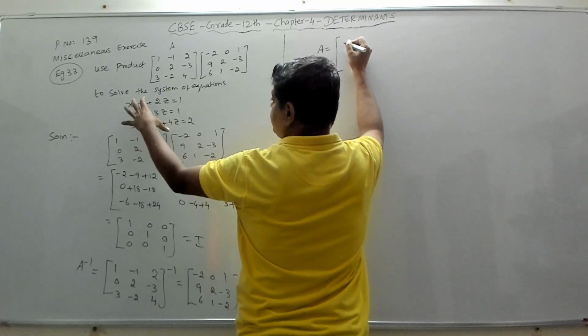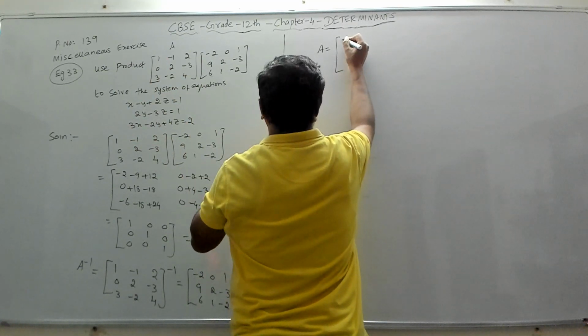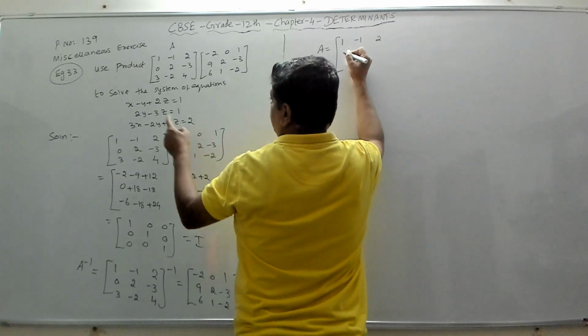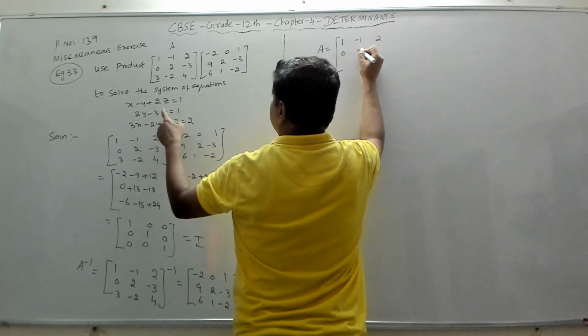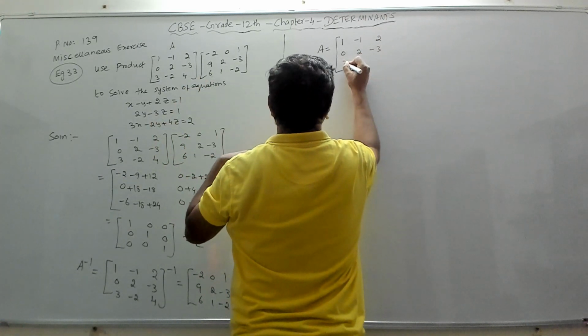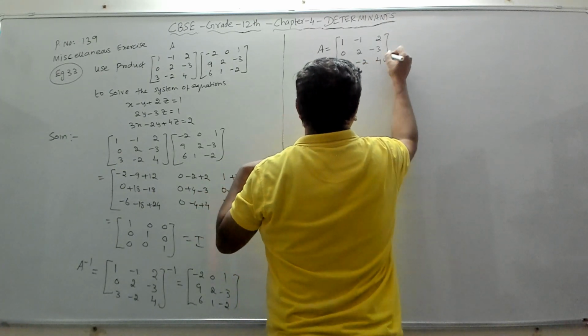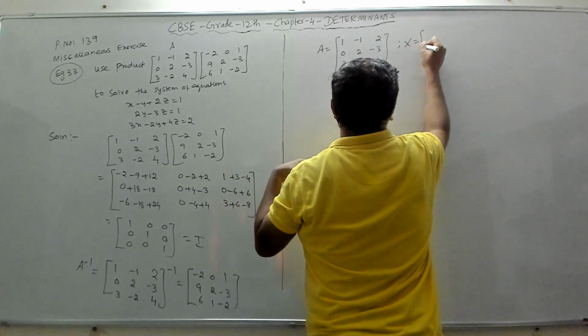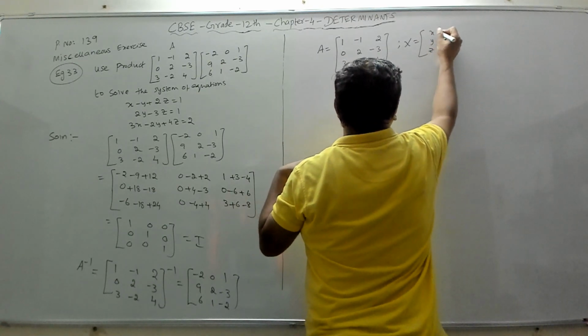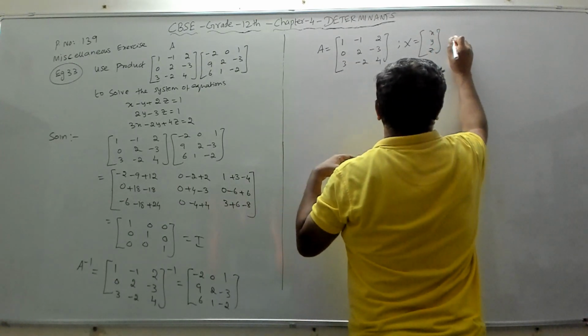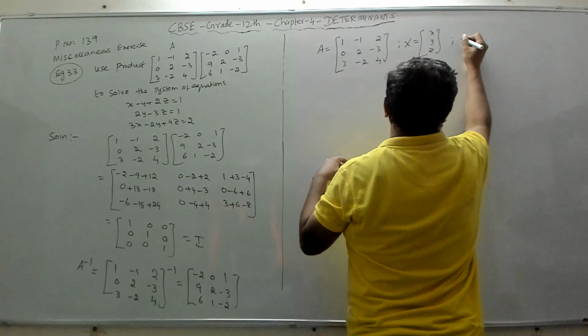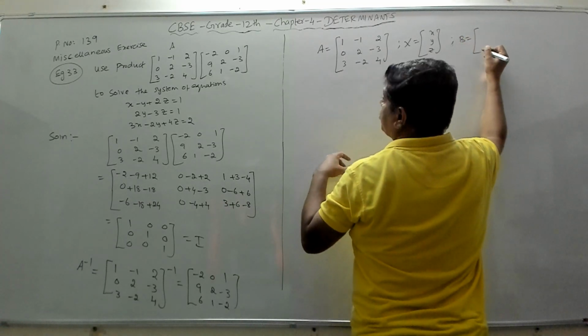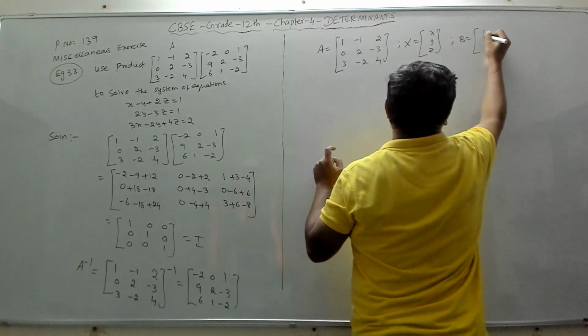So the coefficient matrix is A, 1 minus 1 2, then 0 2 minus 3, then 3 minus 2 4, and our X matrix, capital X, will become small x y z, and our B matrix is equal to this one, 1 1 2.